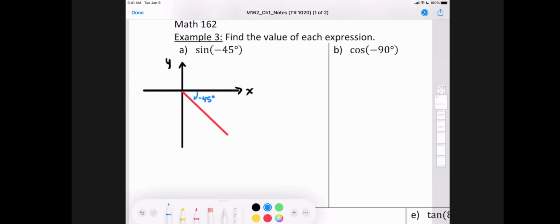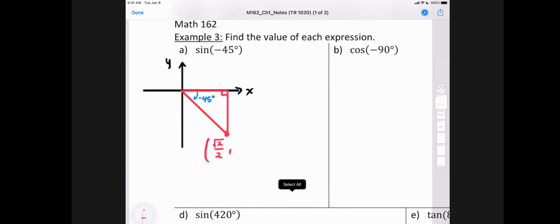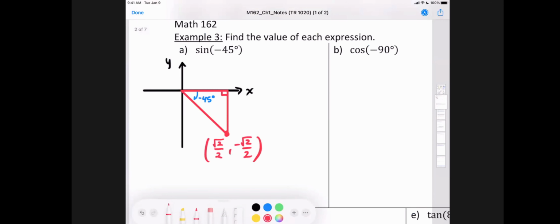So let's draw our right triangle. You always draw from the terminating point to the x-axis. This time it's going up to the x-axis. So here's our right triangle, and our legs are the same length. So x is square root of 2/2, and y has to be negative root 2/2 because the angle terminated in quadrant 4.